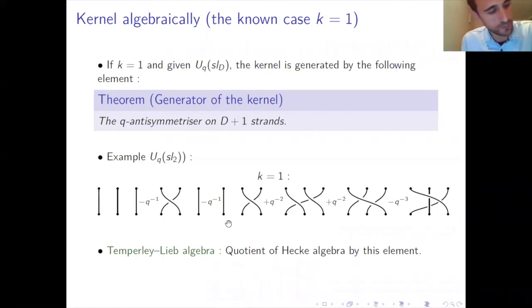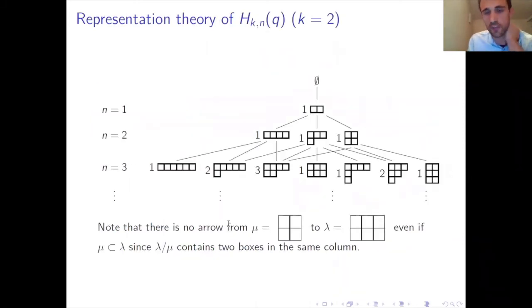Okay, so if we all agree on this, now I can explain our new results in the general situation. First of all, the description of the representation theory of the fused Hecke algebra for general K. Of course, I will only show you the example for K equals 2. It's enough. So now you see the reducible representations are like this.